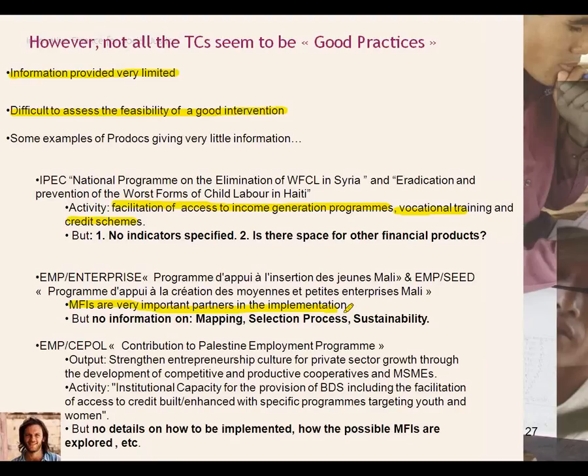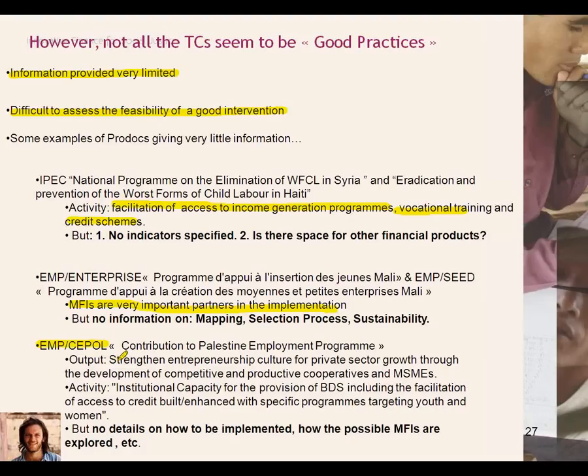And from an efficiency and sustainable point of view, it is always better to strengthen an existing institution than to create new ones. In terms of further sustainability, this product also didn't mention anything to guarantee the continuity of the project once the technical cooperation was finished.